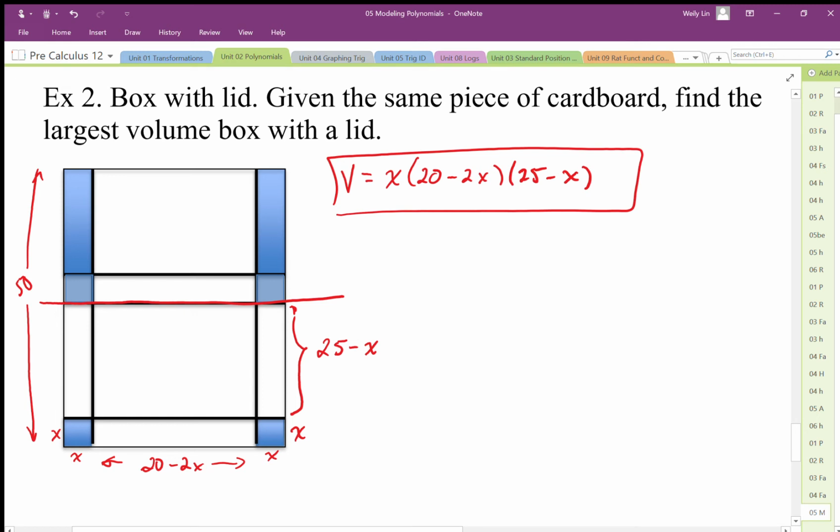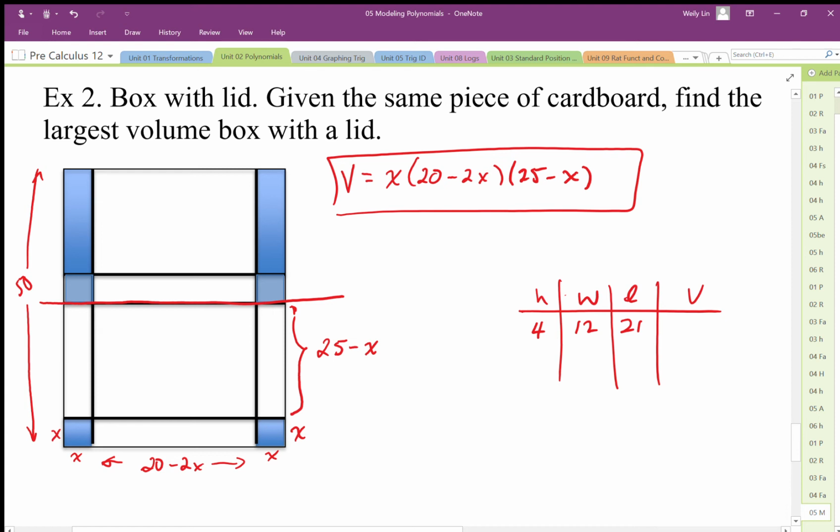Now again, I could do a guess and test model where I guess my height, width, length, and volume. I could just go 4 centimeters, and my width is going to be 12 centimeters, my length is going to be 21 centimeters. Multiplying that all together, what would my volume be?